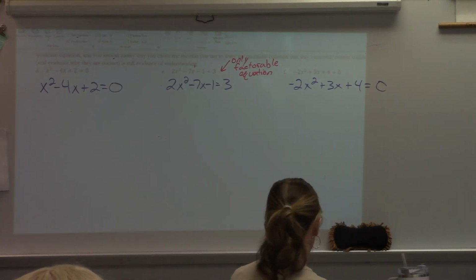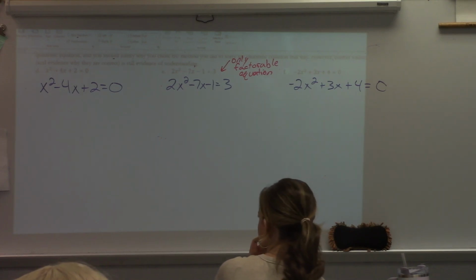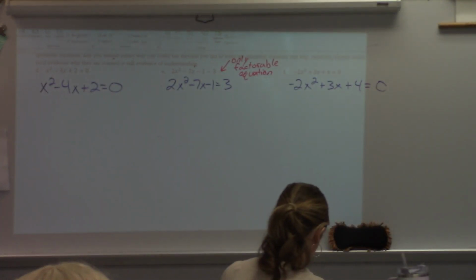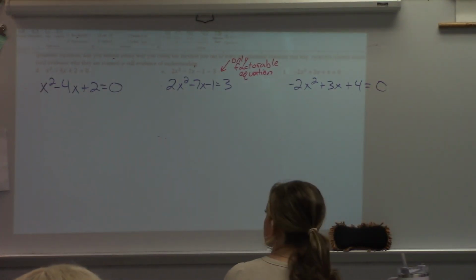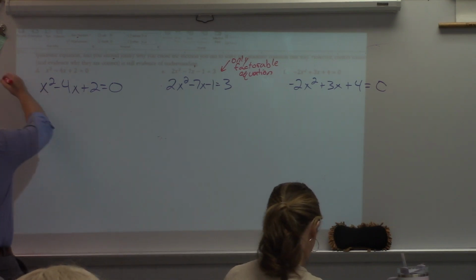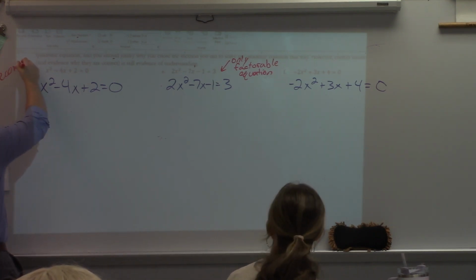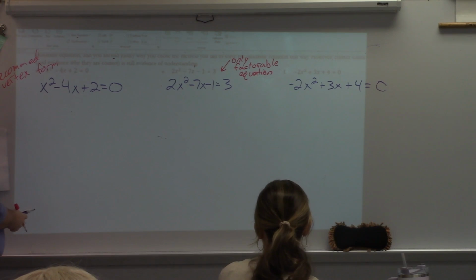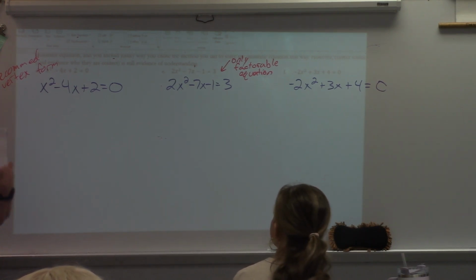So I'm going to make a recommendation. You don't have to follow this one. Does anyone know which of these I would recommend using the vertex form with? D. 100% D. I would recommend vertex form here. I can't factor it. Could I use the quadratic formula on D?